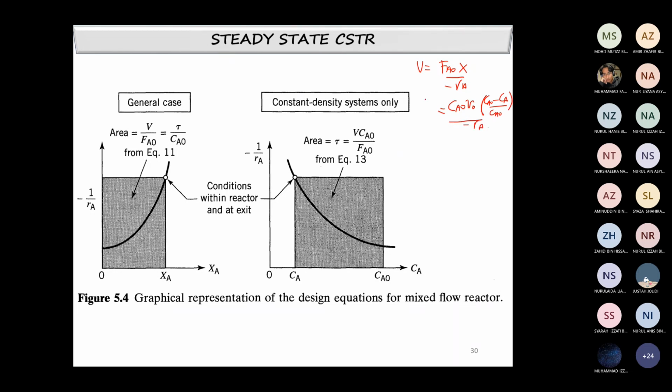So now, how do we get the area? Here, if you can see this one, the V0. So V over V0 is equal to, this V0 we have brought down, so this one we can cancel. That's why what remains is CA0 minus CA over negative RA.